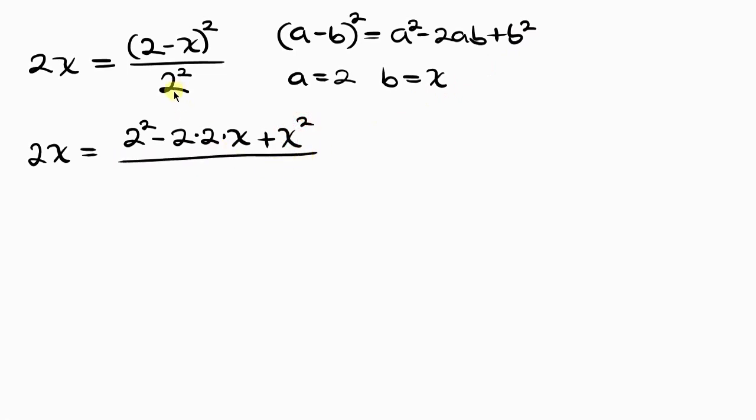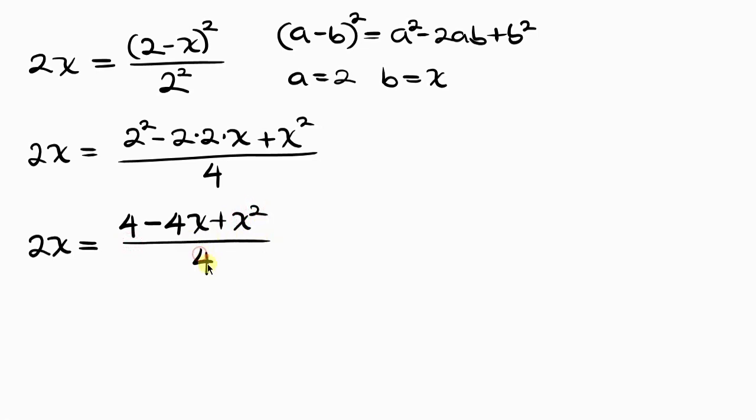Now for the denominator, I have 2 squared, which gives 4. So this becomes 2x equal to 2 squared is 4, minus 2 times 2 times x is 4x, and then plus x squared all over 4.